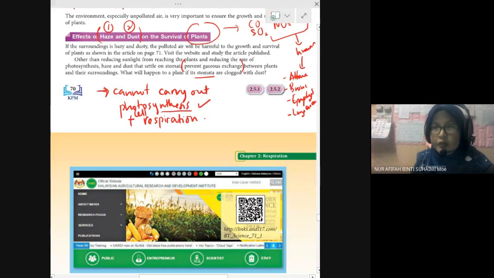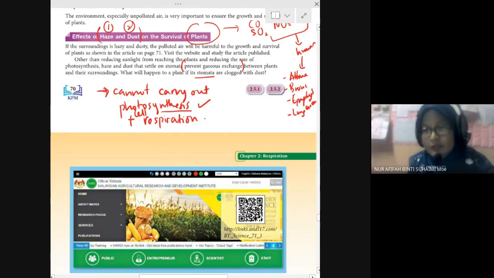Cannot carry out photosynthesis because it covers the leaf. The leaf is the main part of the plant to carry out photosynthesis because the leaf contains chloroplast. The chloroplast traps the sunlight. If the leaves are covered with dust, it cannot trap the sunlight, so it cannot carry out photosynthesis. Cell respiration will still carry on, because respiration occurs in the plant cell.